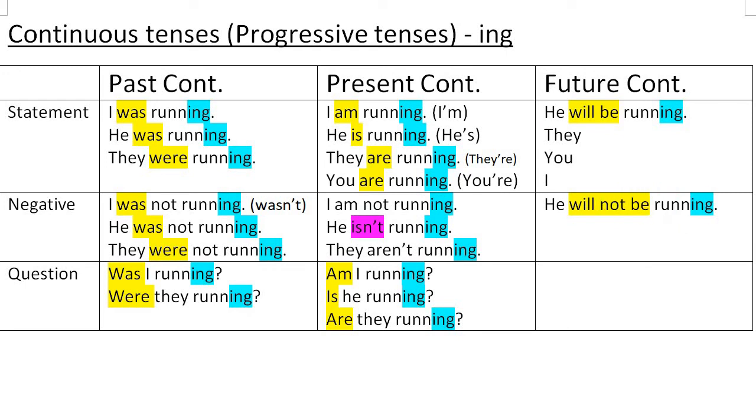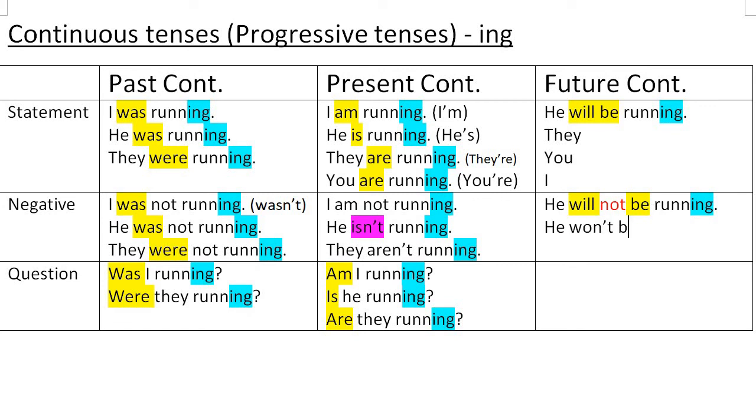Okay? Then your negative, the not goes in between the will and the be. I'll make it red there so you can see it. Okay, he will not be running. And of course, that one can look like this.